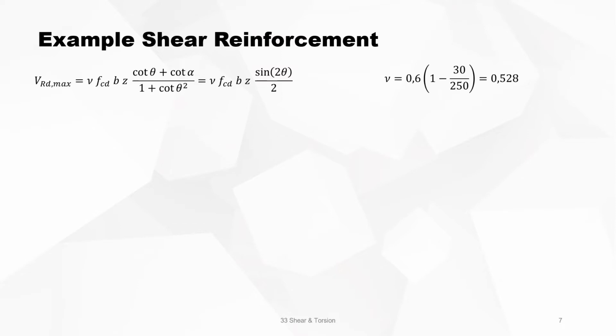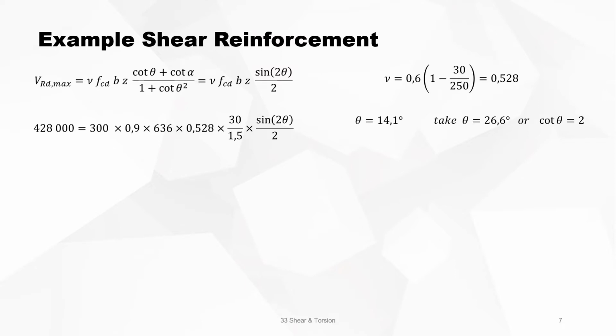So what we will do is we will do just the reverse. We will calculate the inclination needed to take up the maximum shear force. The maximum shear force at the face of the support was 428 kilonewton. And from this equation, we derive theta, and theta is 14 degrees.